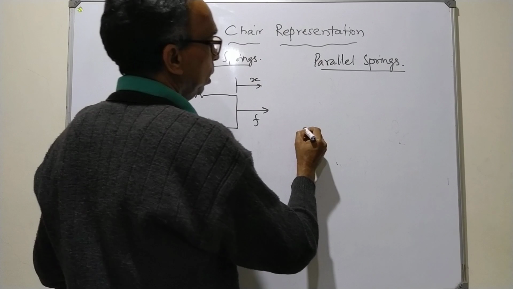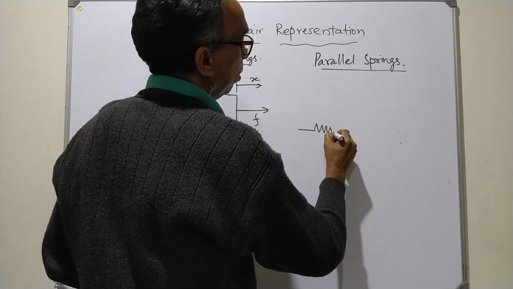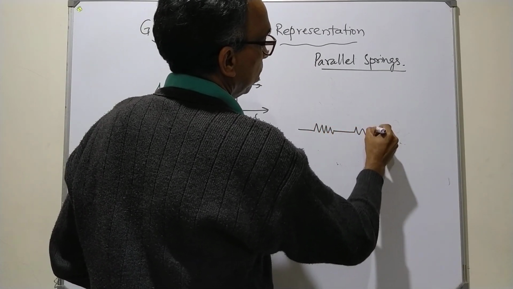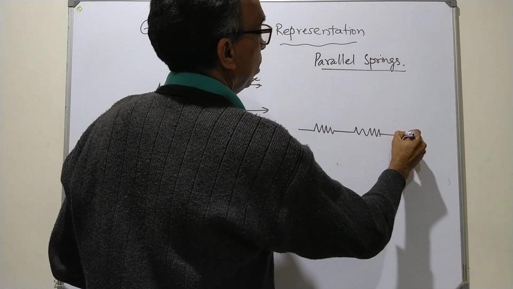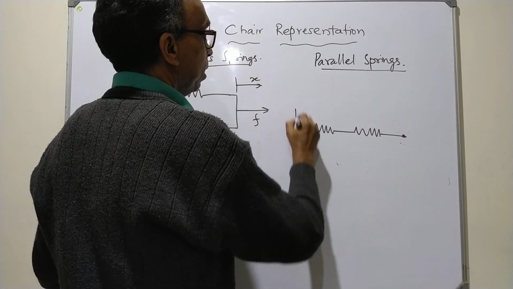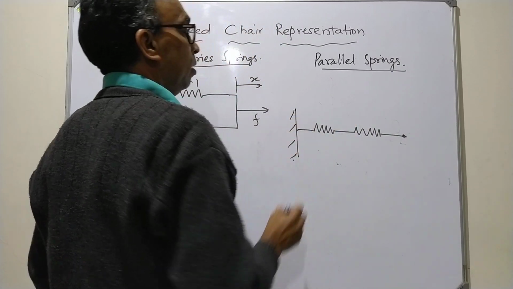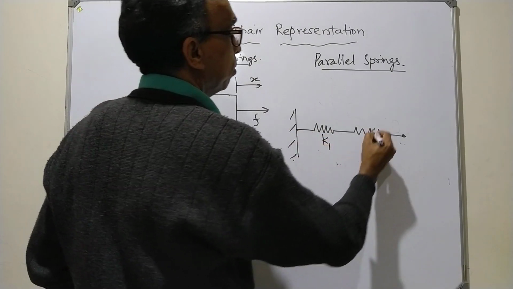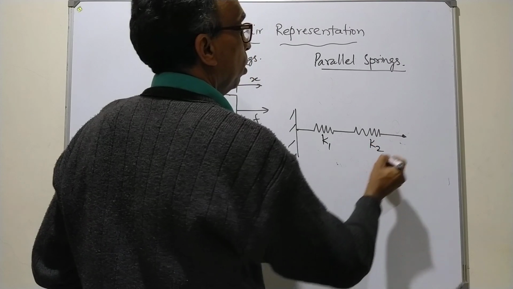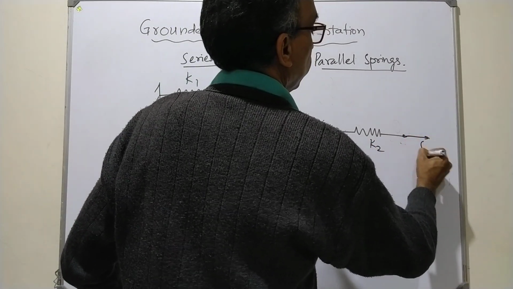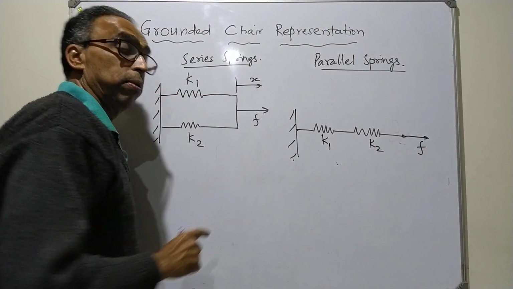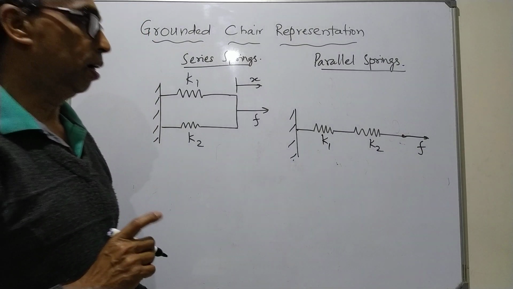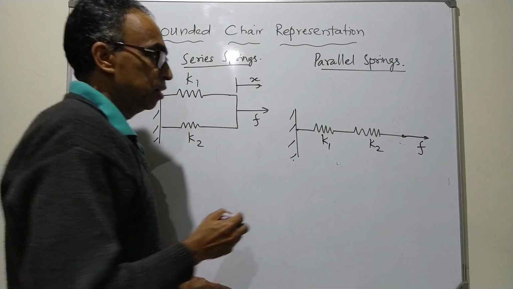Now, though visually they appear to be series springs, we had called them parallel springs as per Ravan's convention. Springs having stiffness K1 and K2, when subjected to force, are treated as parallel springs as per Ravan's convention.